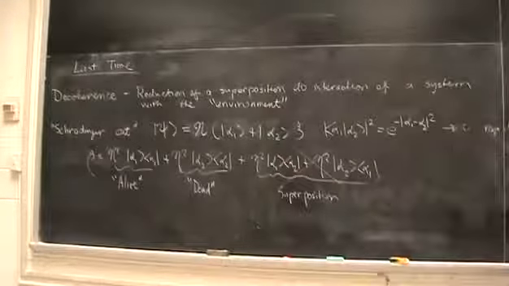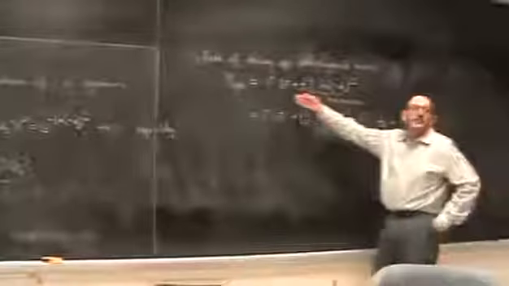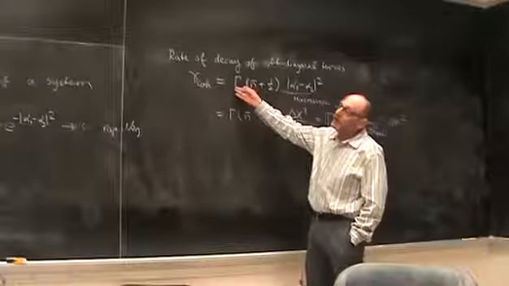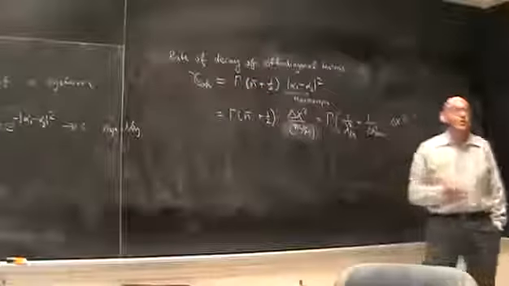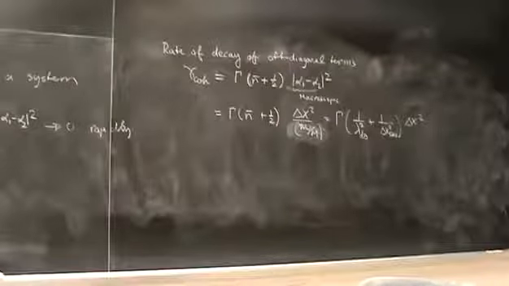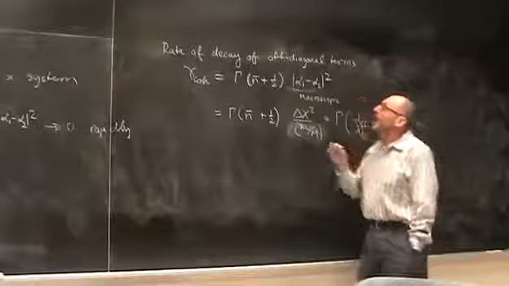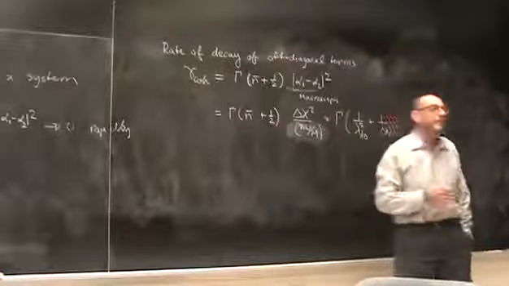And the rate at which that happened was given by this expression. If gamma was the damping rate of energy, that is the rate at which energy decays out of the cavity, then the decoherence rate was enhanced by this factor.